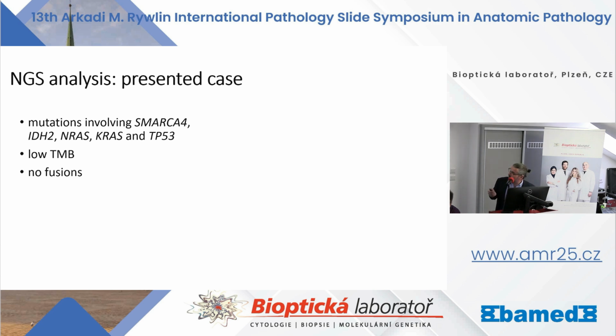So in this patient, we probably have a therapeutic target because there are IDH inhibitors available. And although the majority of these cases will have high tumor mutation burden, I don't know why our case showed low. And there were no targetable fusions. So it is very exceptional to have an ALK or whatever translocation.